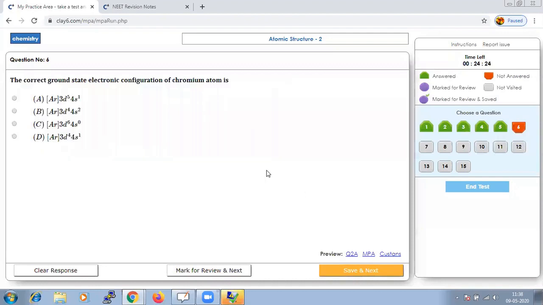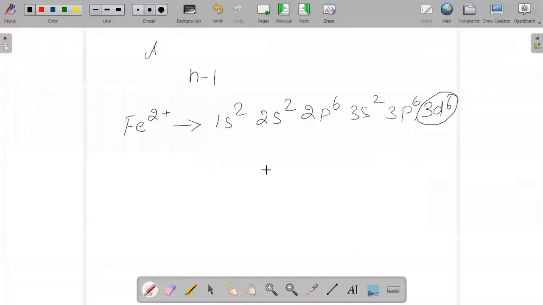The correct ground state electronic configuration of chromium atom. It is important that you know the atomic number of chromium. If you do a simple electronic configuration for the chromium atom, we will be able to calculate that very easily. The atomic number of chromium is 24.